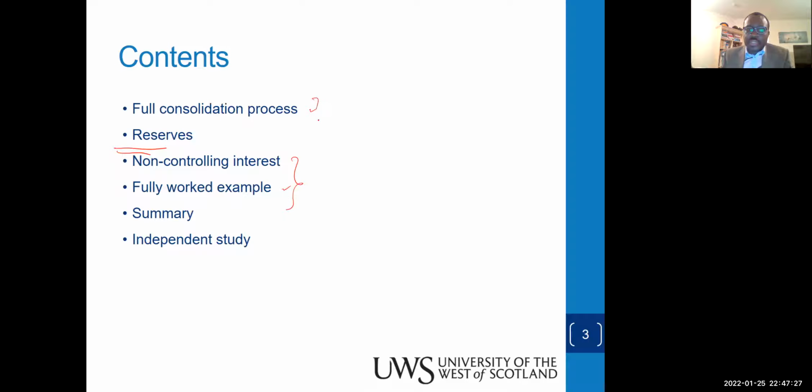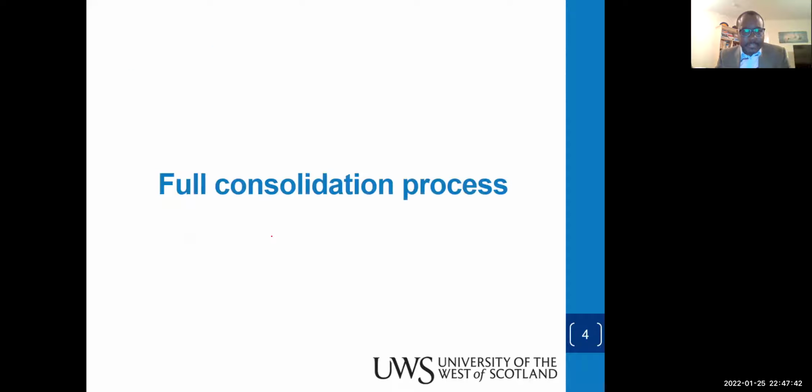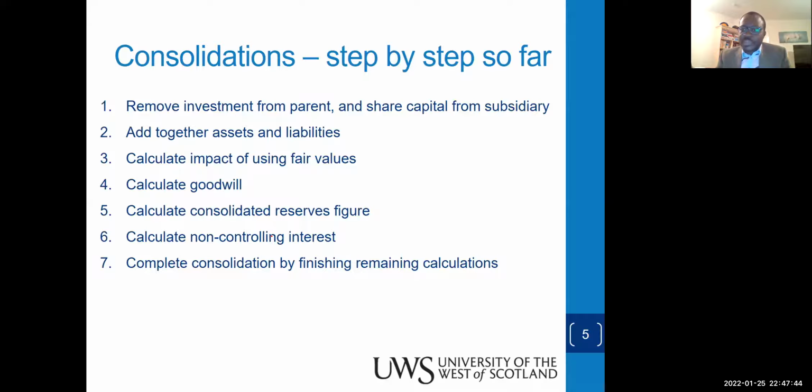So this will consist of part A, and then we'll say this is part B, and then we summarize it. So let's kickstart on part A. The full consolidation process, remember the steps. In addition to the basic standard workings, remember the steps.